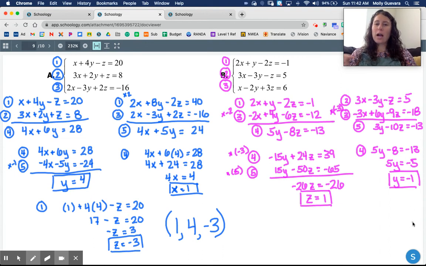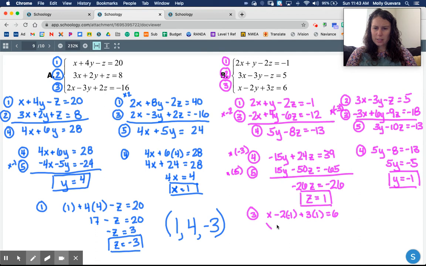Now I know z and y, I need to find x. So again, we can use equation 1, 2, or 3. I kind of like 3 because it jumps out since it's already x, but it doesn't matter. You can use any of them. So that gives me x minus 2 times negative 1, plus 3 times 1 equals 6.